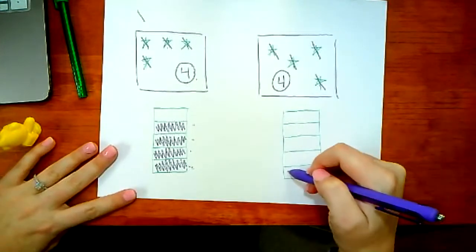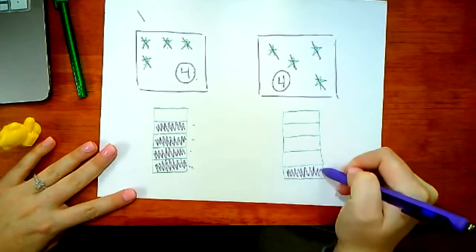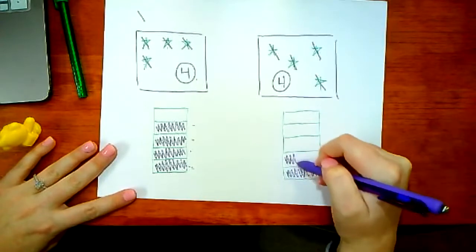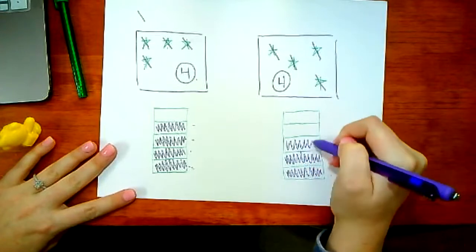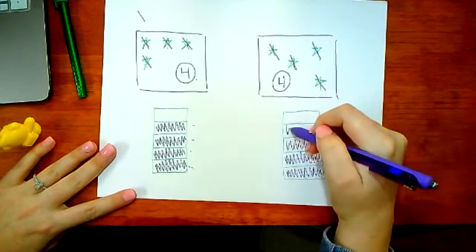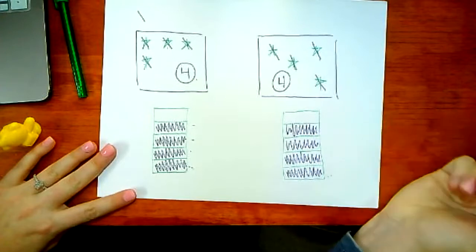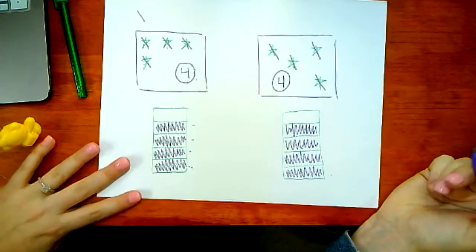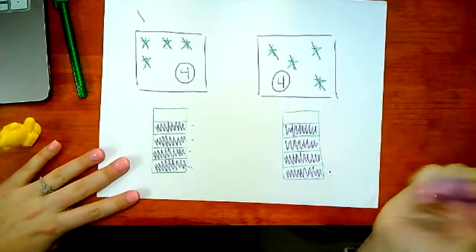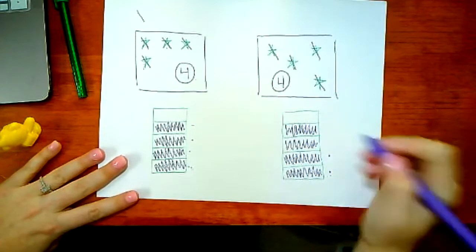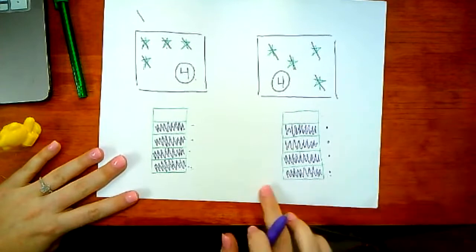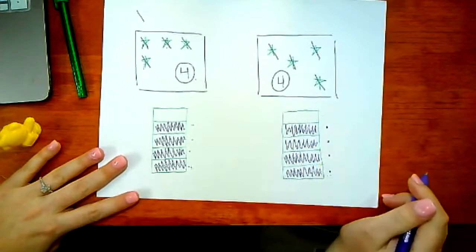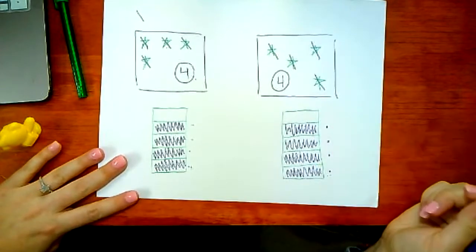Let's try it. 1, 2, 3, and 4. Let's recount it to make sure that we have 4 there. 1, 2, 3, 4. Again, look, I made these little marks on the side to know that I counted each one.